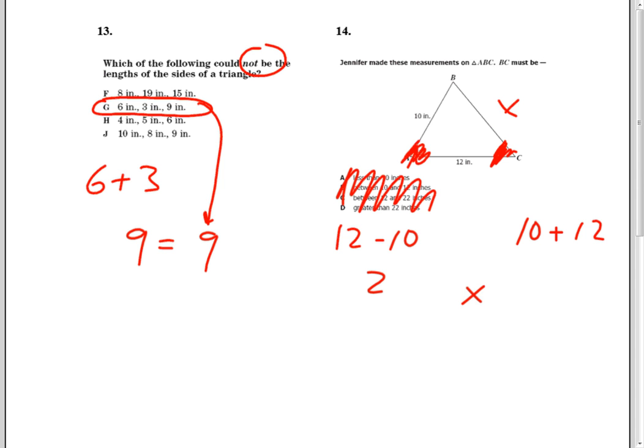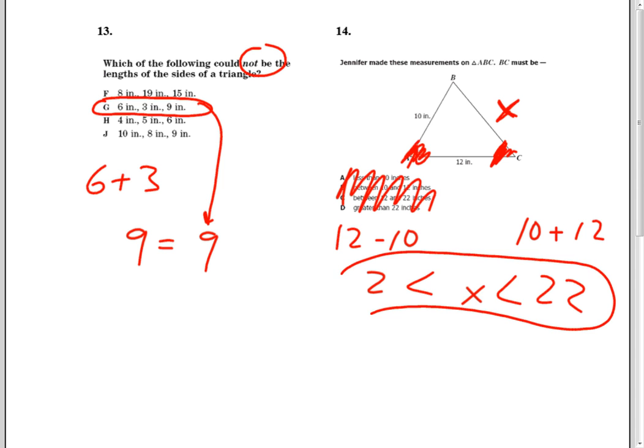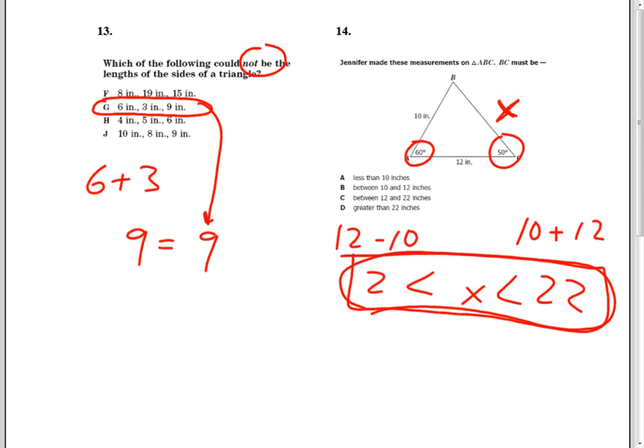If I make this missing side x, we would get this inequality. That's if we didn't have the 50 degrees and the 60 degrees and didn't have these multiple choices. That's just a boundary situation. That's just an interval. Because we now have new information added onto that, we can narrow the interval.